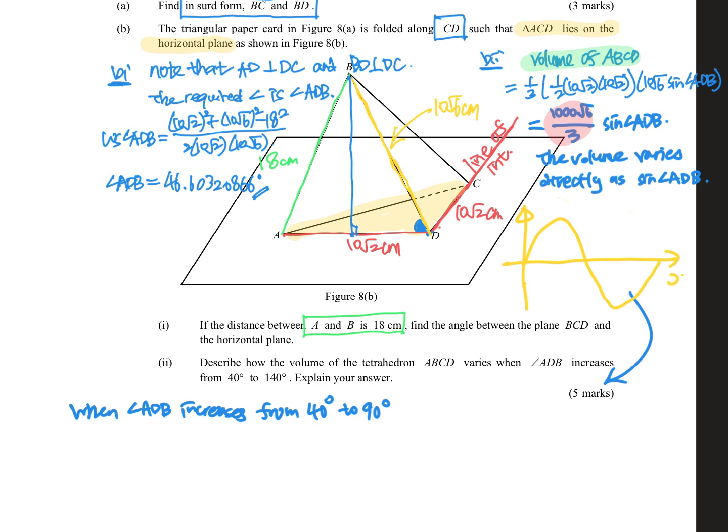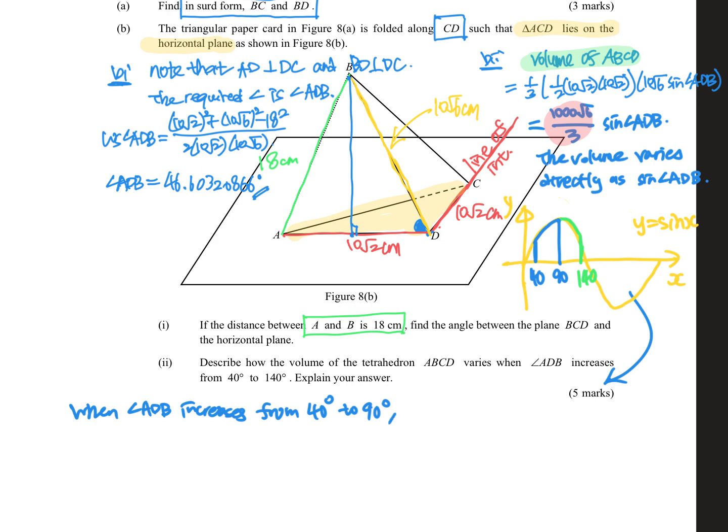So this part is 40, and the next part is from 90 to 140. Good.